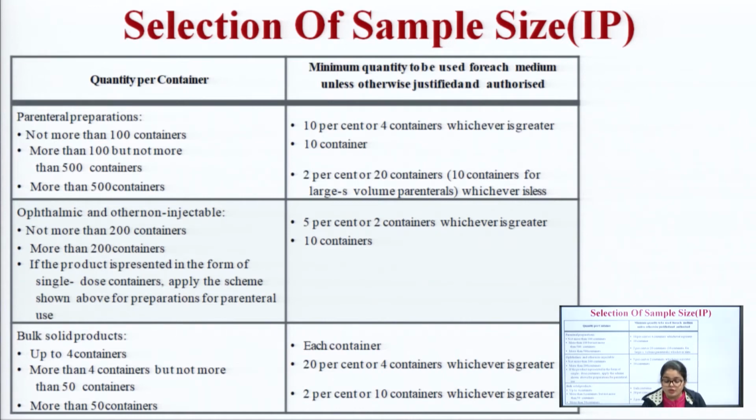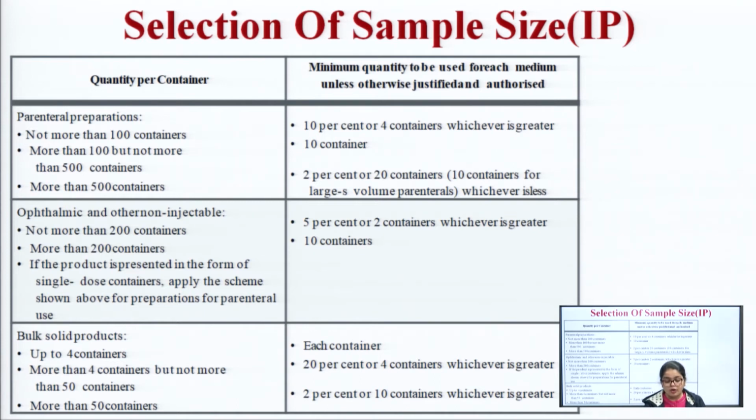For parenteral preparations, not more than 100 containers. Why? Because parenterals are already prepared in a highly aseptic area. If it is not more than 100 containers, then 10% or 4 containers, whichever is greater. This is the minimum quantity.